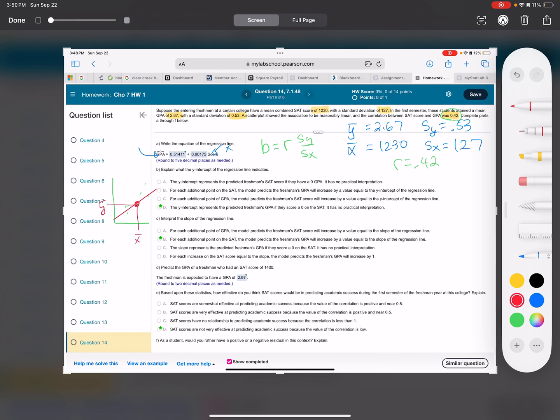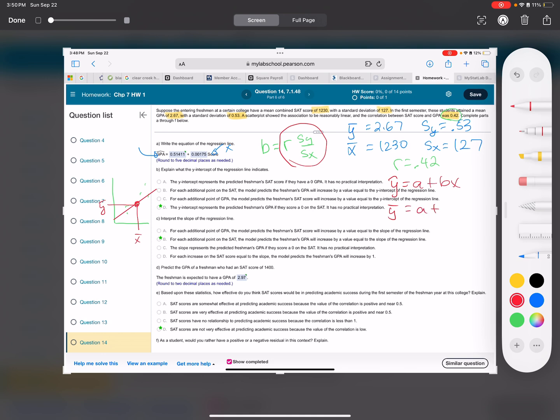So you're going to write your equation, which is y hat equals a plus bx. I don't know b yet, but I can plug in to get b. And then I know that y bar is going to be here.